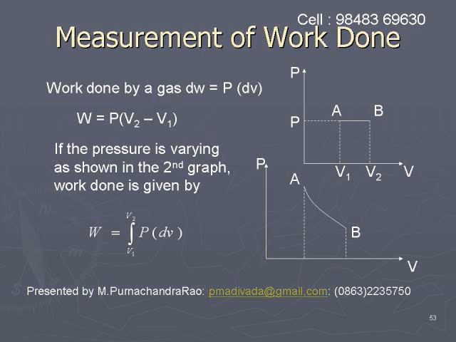Then when the pressure is varying, the work done will be calculated using the integral of P dV between the volumes V1 and V2. So W is equal to integral P dV under the limits V1 and V2. Like this we evaluate this integral to obtain the work done whenever the pressure is varying.